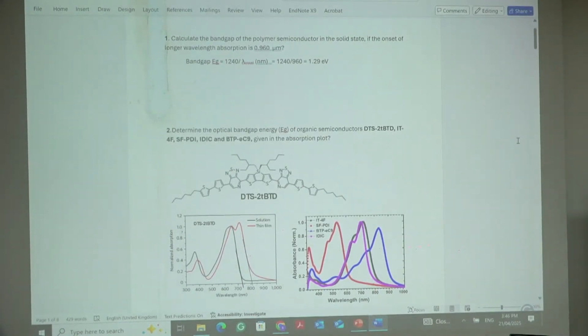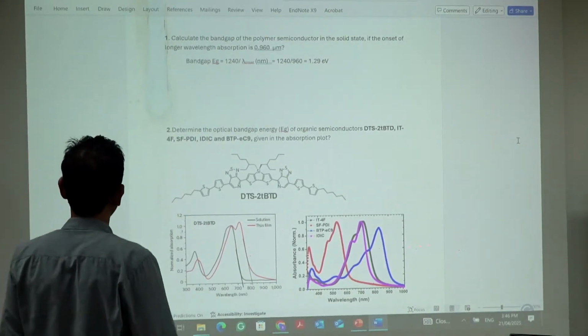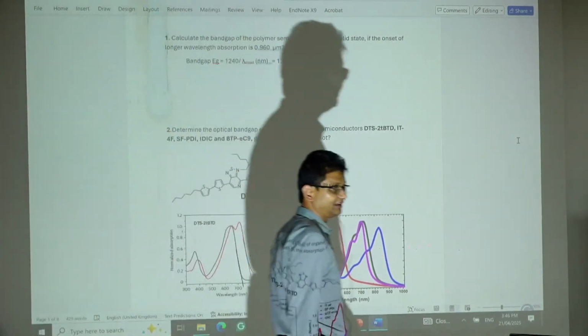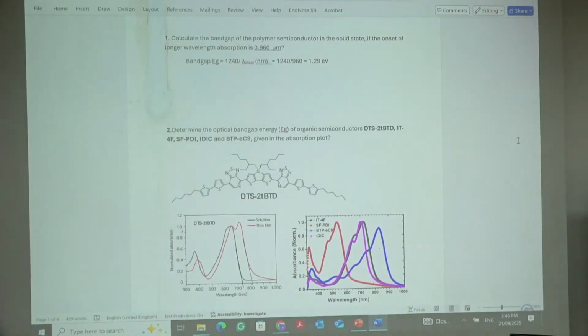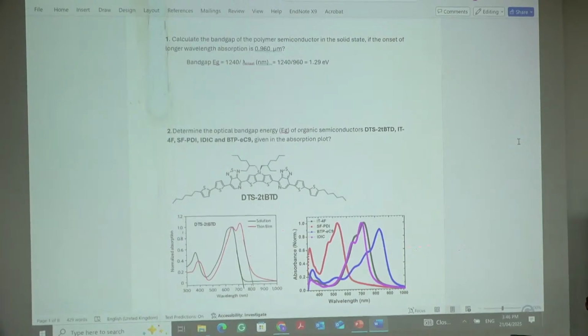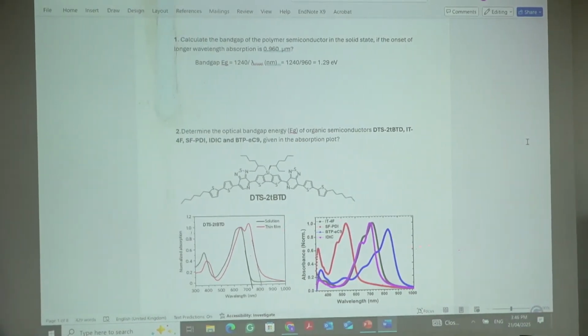So both are simple questions. Calculate the band gap of the polymer semiconductor from the onset. I think I gave the answer for the first question. Anyway, you can do how to calculate this one. So you go to the second one.